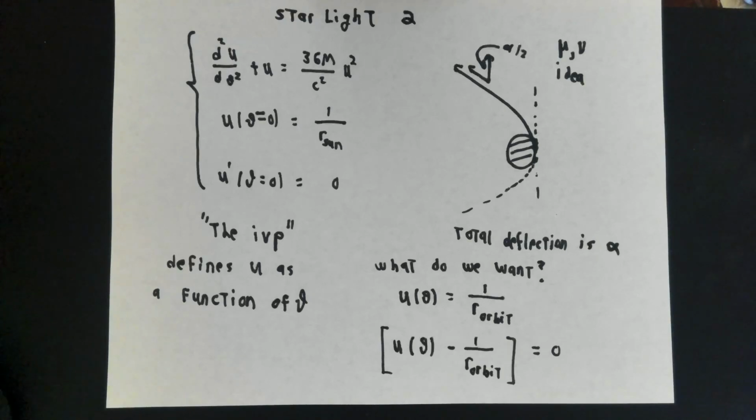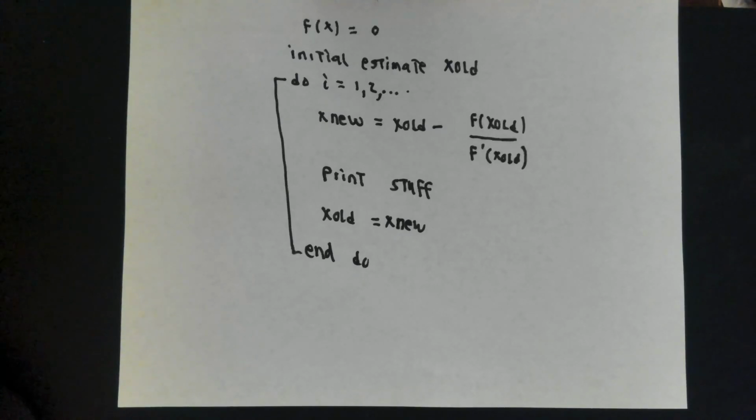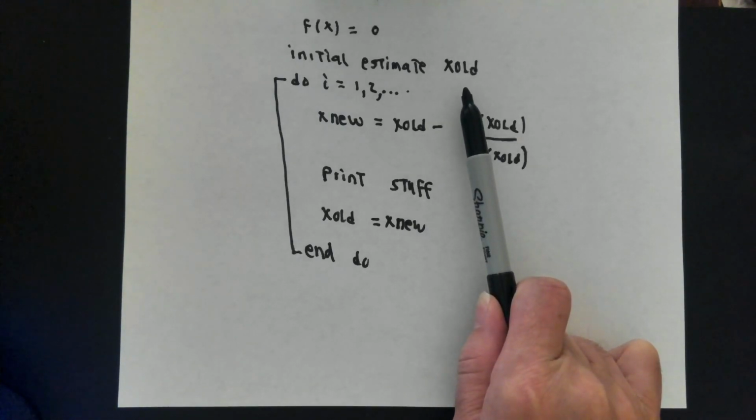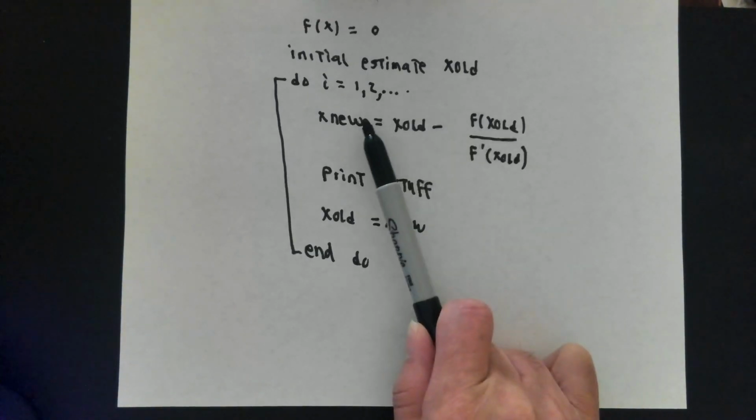So we need to remember what that is exactly. For my reminder, I'm going to pretend that the name of the thing that I want to make 0 is f, and that the name of the independent variable is x. So I'm trying to solve f of x equal to 0. Some way or the other, we get an estimate, which I'm going to call x old, for the solution of our problem. Then we're going to go around in a loop a number of times.